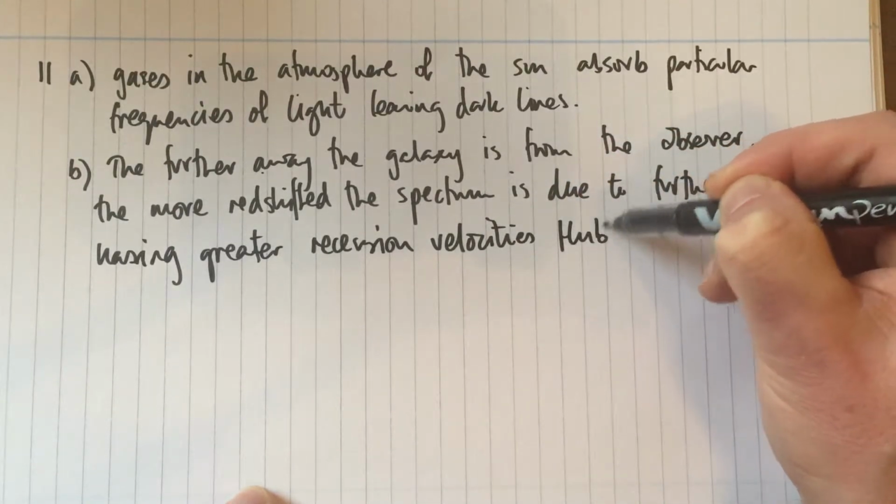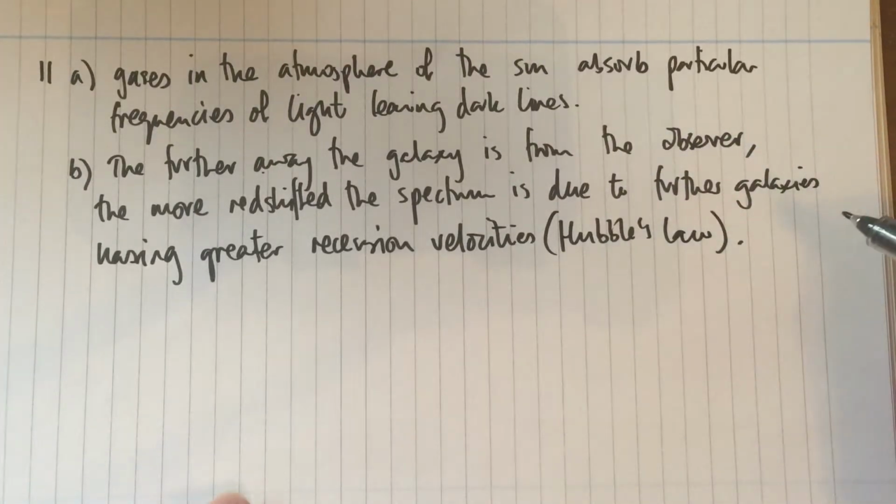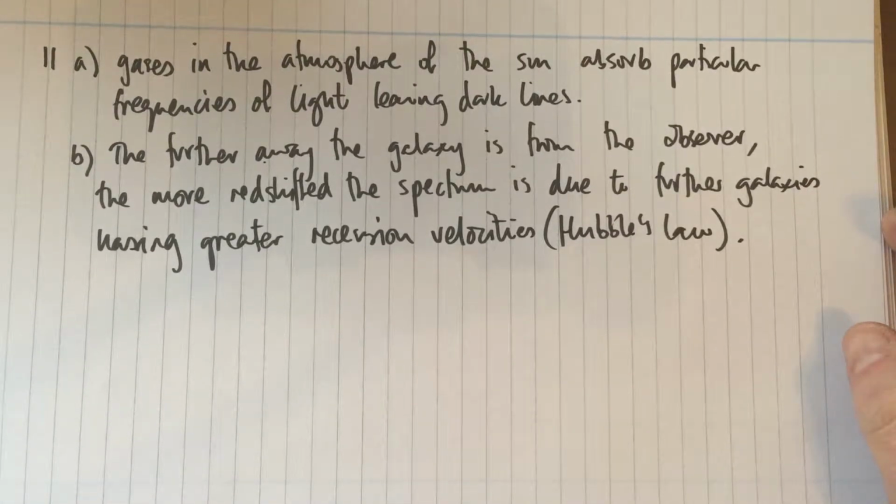That's Hubble's law. Okay, it's just a 1 marker, so you just have to talk about redshift and further galaxies travelling at greater velocities away from the observer.